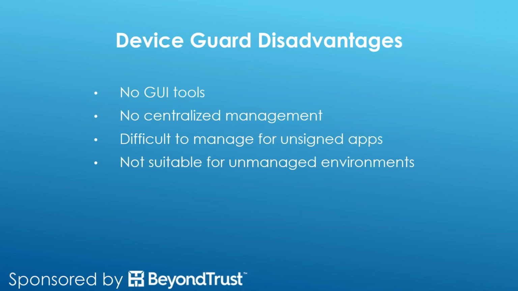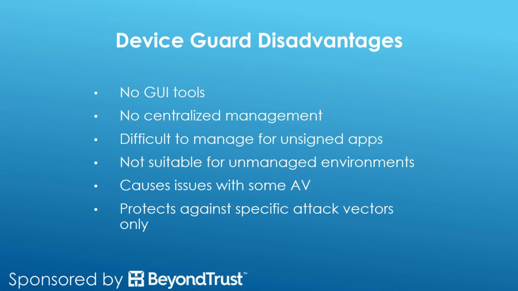And you need to really have a managed environment, because even with AppLocker, I would say, if you don't have a managed environment and users are installing and removing different kinds of software all of the time, then it's going to be really difficult to deal with something like AppLocker and Device Guard. And it can also cause some problems with antivirus solutions, if you have something like Norton or Symantec or McAfee installed on your systems.